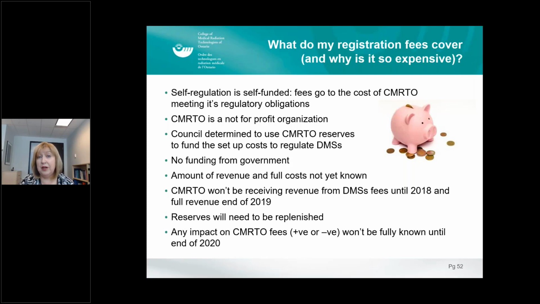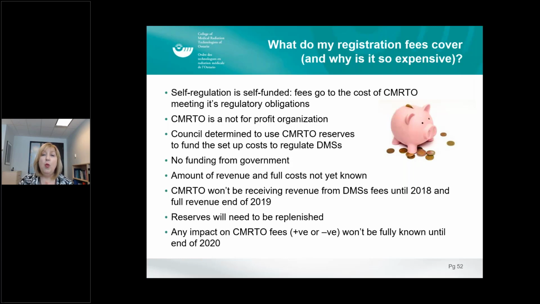We've already incurred many of the costs of regulating sonographers, but we don't yet have the benefit of the registration fees from sonographers. So we won't be receiving the revenue from those fees until later on in 2018 and in 2019.